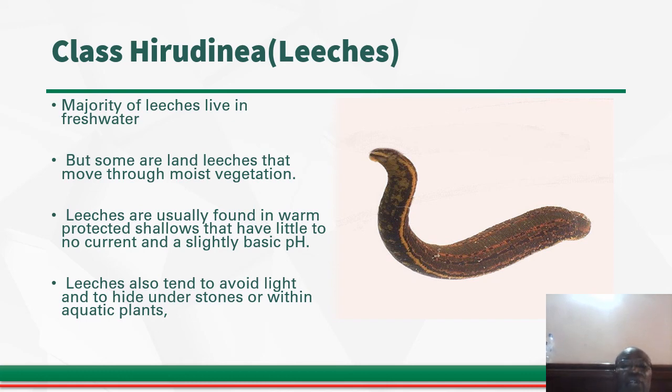Leeches are usually found in warm, protected shallow waters that have little to no current and a slightly basic pH. Leeches also tend to avoid light and to hide under stones or within aquatic plants.